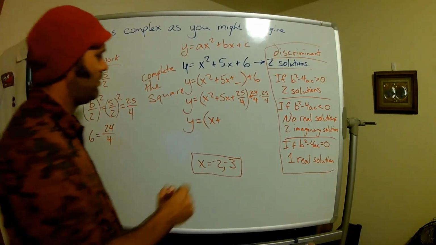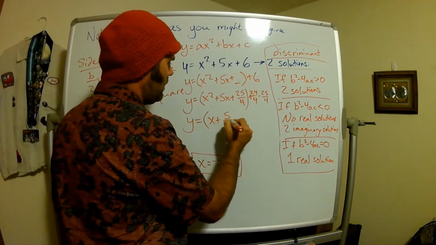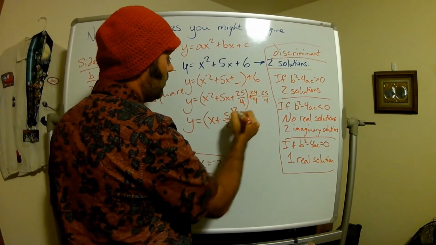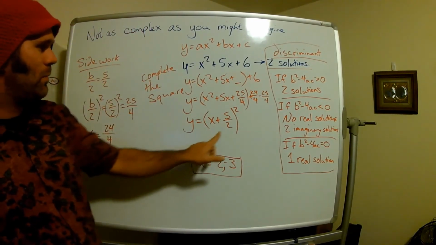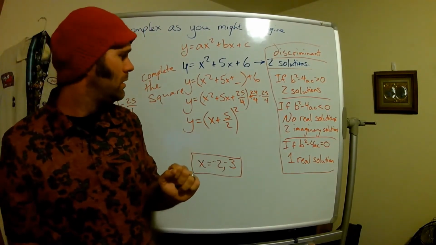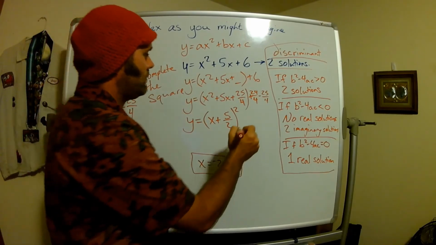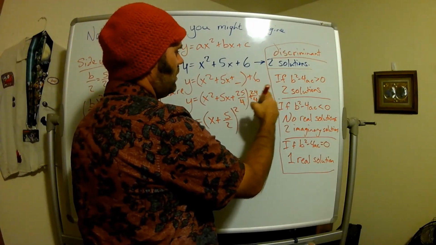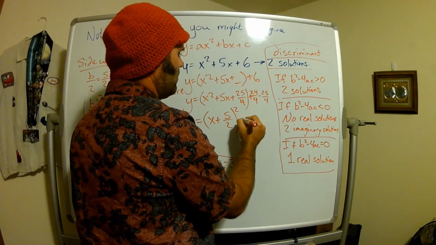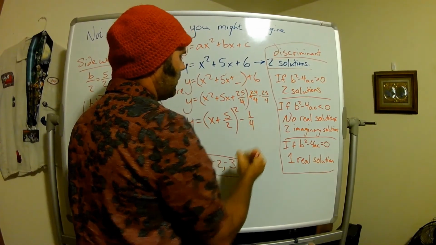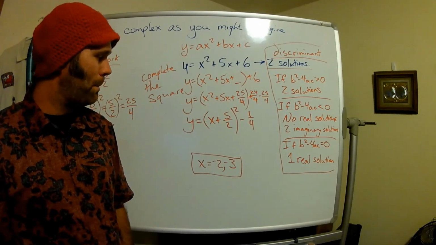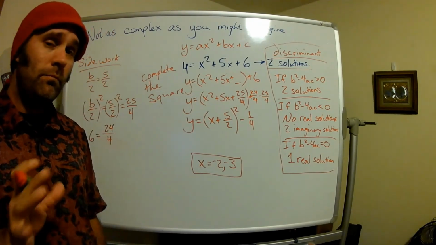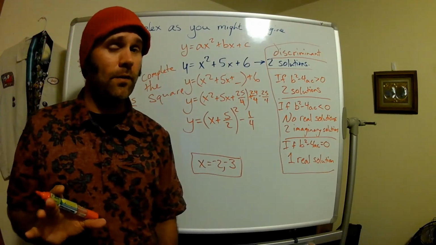So 5 halves squared. So that's the b over 2. The b over 2 goes right here in the complete the square. And then 24 minus 25 is minus 1/4. Okay? We're done. We have completed the square.